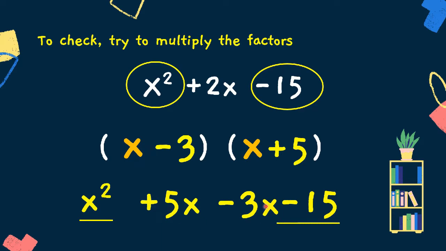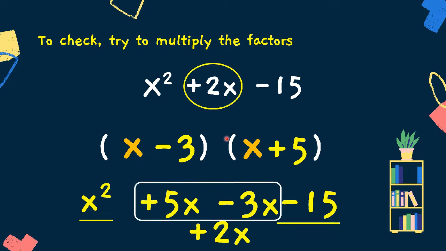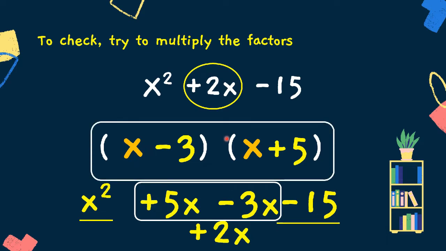So we will combine like terms. Positive 5x minus 3x will give us positive 2x, which matches the middle term of our given polynomial. Therefore, the two factors x minus 3 times the quantity of x plus 5 is correct.